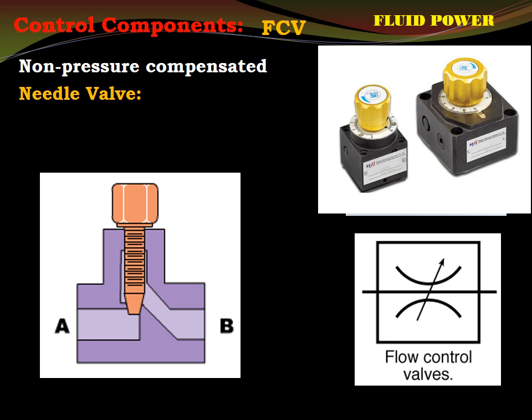Now one thing before I leave this slide: how do you know how much flow is being allowed there? When you screw in or screw out, there are some types of charts available, or graduations are provided right at the top of the valve, as shown here.